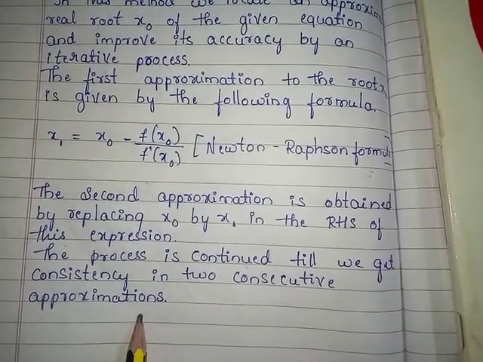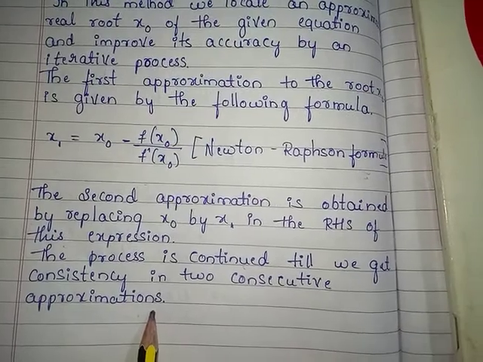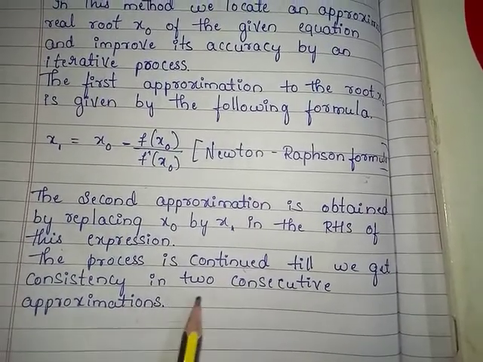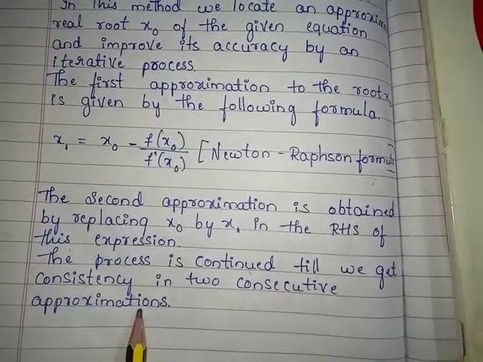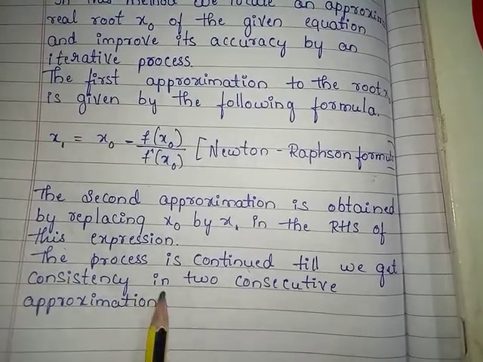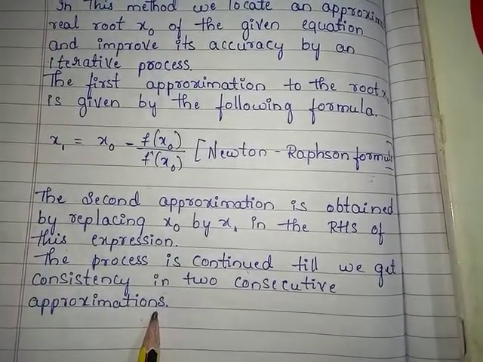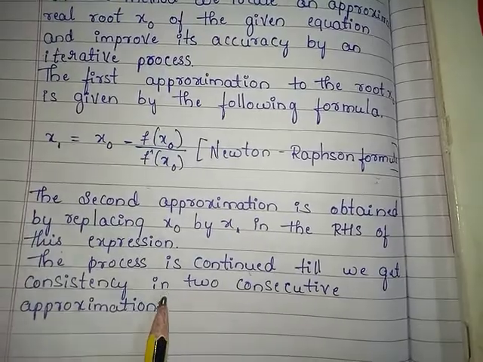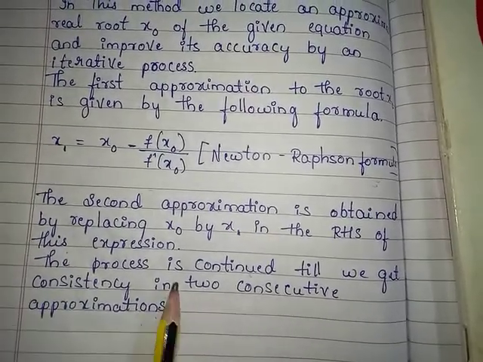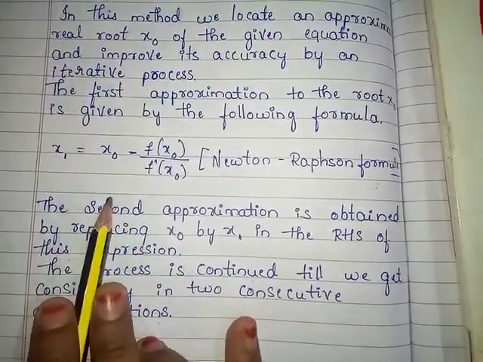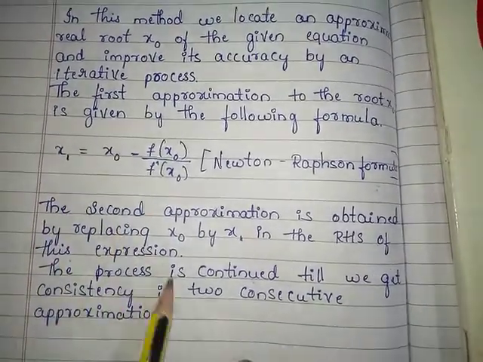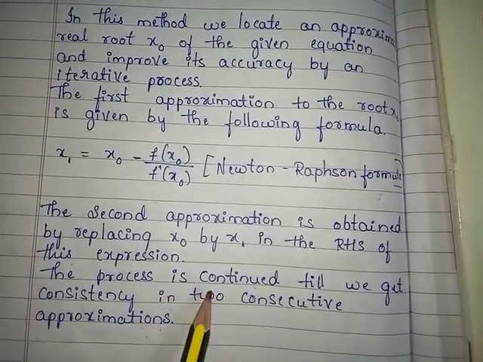Here also the process is continued till we get consistency in two consecutive approximations, and we know what that means. That means two consecutive answers: if the x1 and x2 values are the same, then we say these two consecutive values are same.